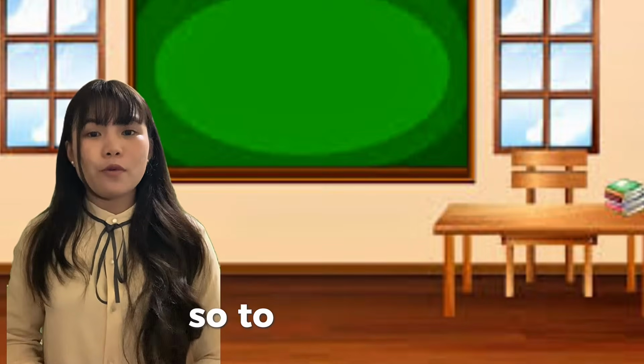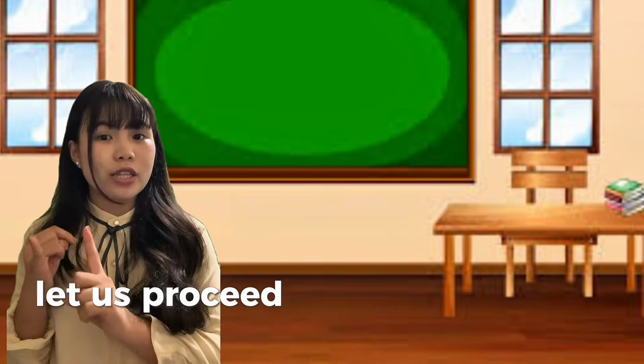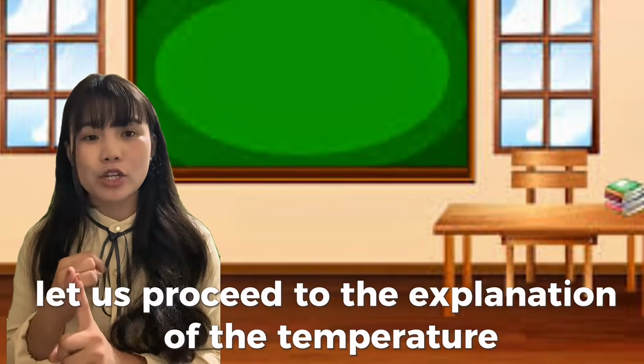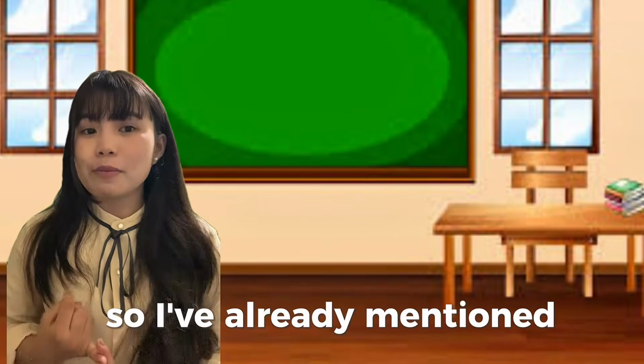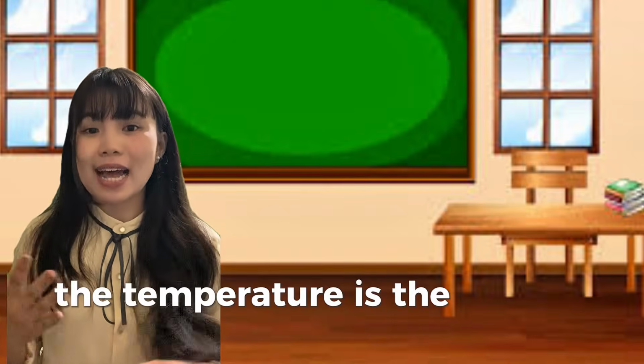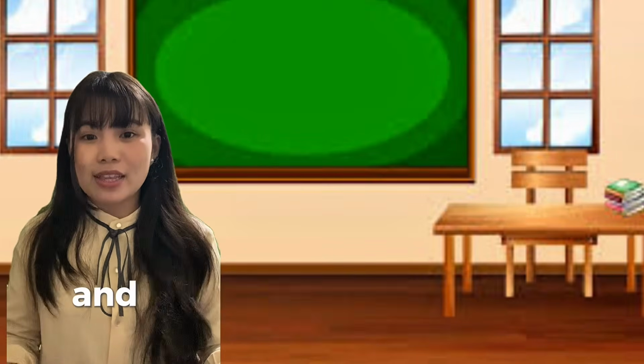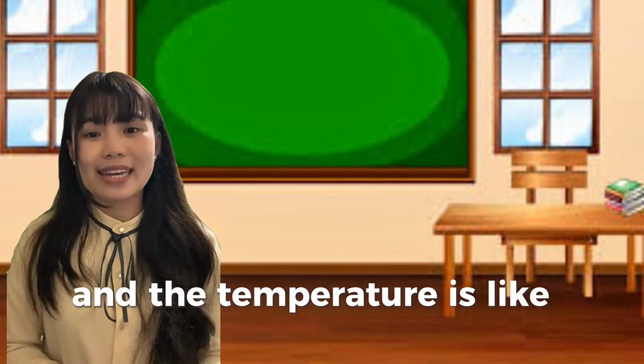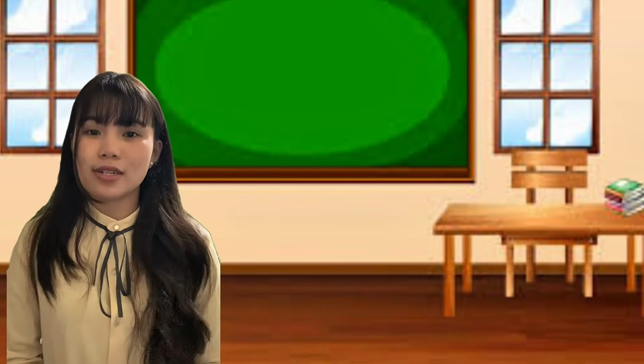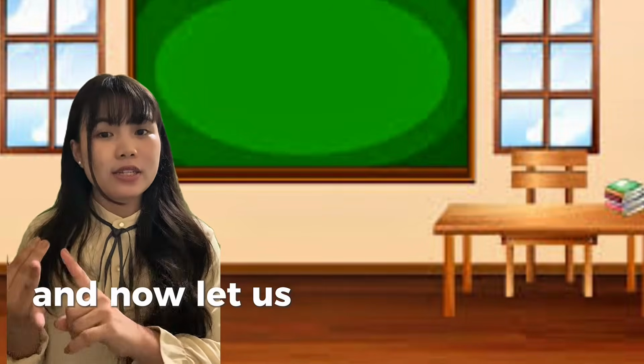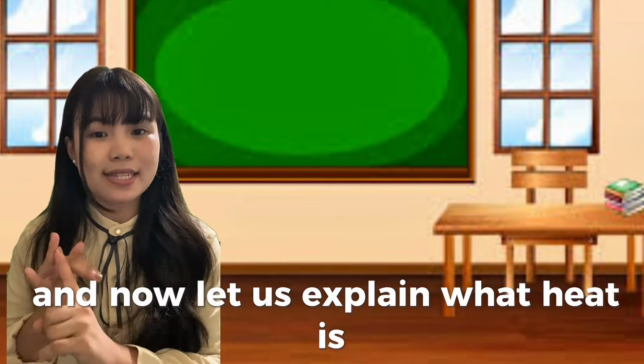To begin with, let us proceed to the explanation of the temperature. I've already mentioned that temperature is the hotness level, and temperature is like a speedometer. And now, let us explain what heat is.